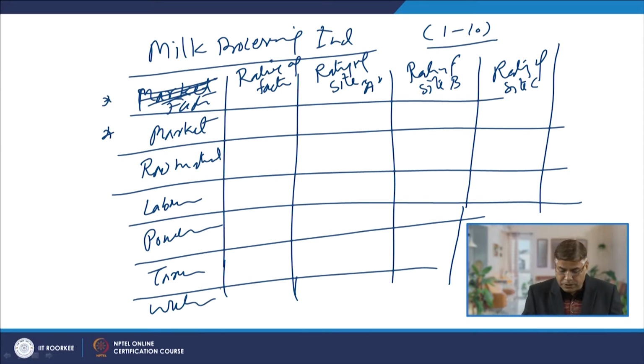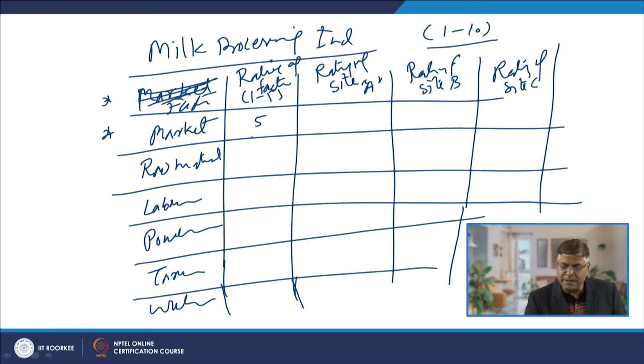Now, each of these factors will be rated on a scale of 1 to 5. Say proximity to the market is important, so it will be rated, say, 5. Raw material, the milk, will be coming from the nearby villages, so being close to the market is not that important; if it is located close to the market, it may not be rated high.